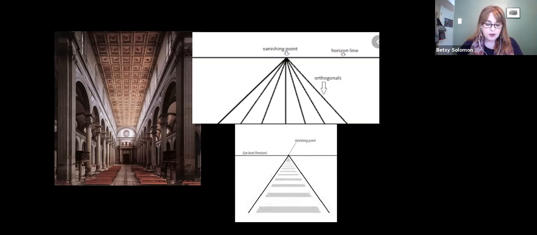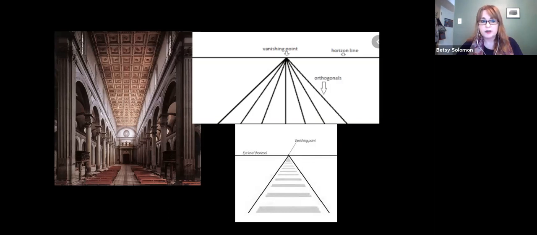And he wrote a treatise called Della Pictura, or On Painting. And in that treatise, he applied these systems of proportion in architecture to painting. And when he did that, he came up with something called linear perspective. And that is a key idea in Renaissance art.